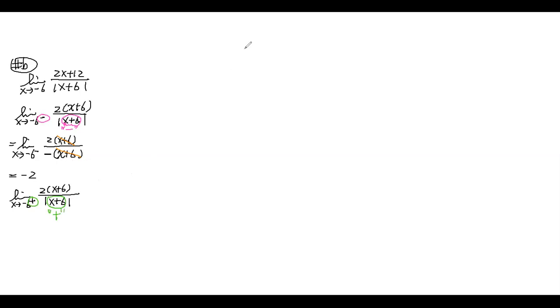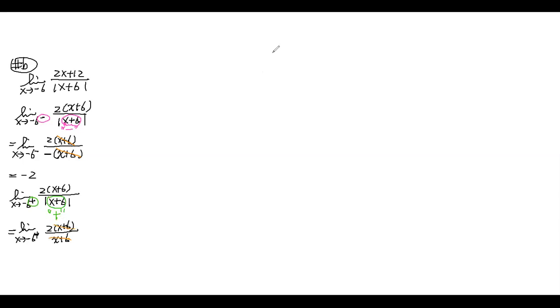Correct? So if it's positive, I can just take the absolute value out. Because it's positive, I can just remove the absolute value.